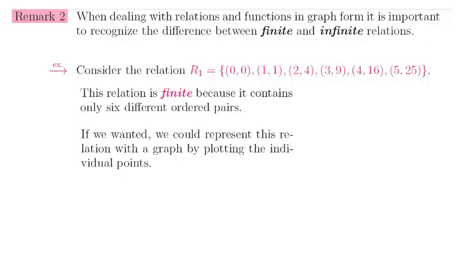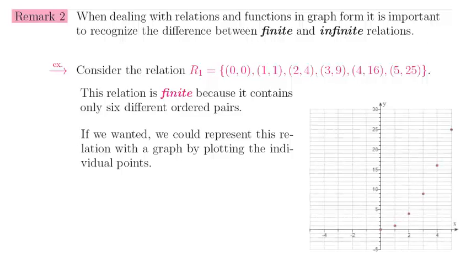If we wanted, we could represent this relation with a graph by plotting the individual points. The graph of this relation would look as follows. Notice our points: (0, 0), (1, 1), (2, 4), (3, 9), (4, 16), and (5, 25).